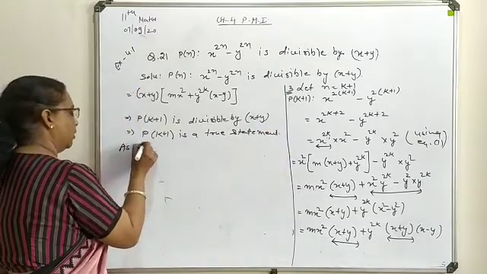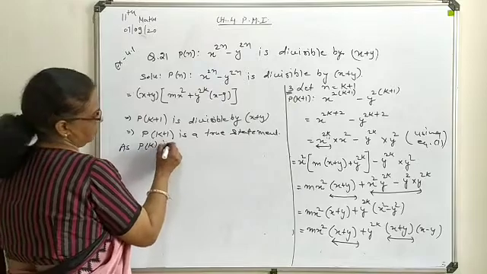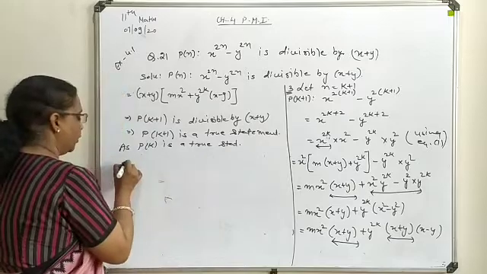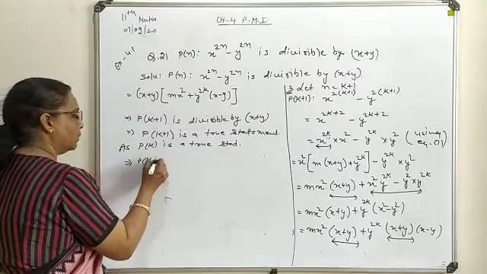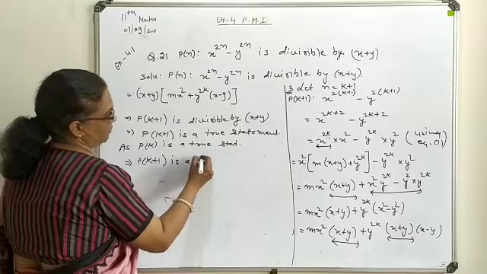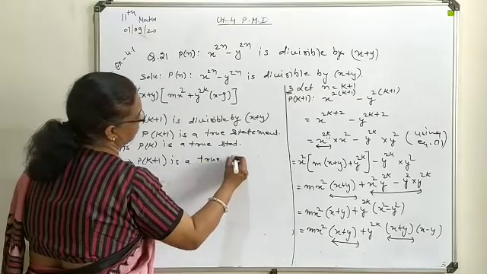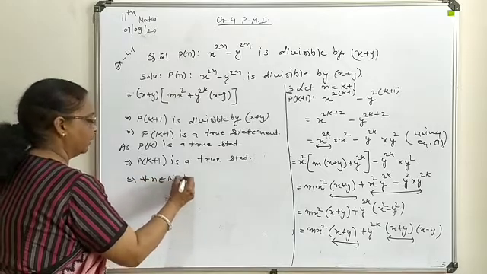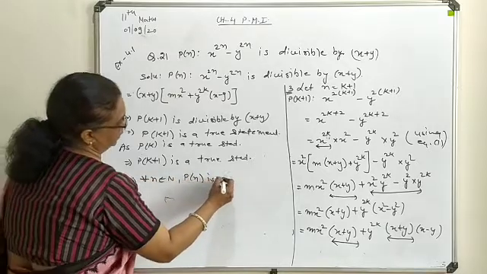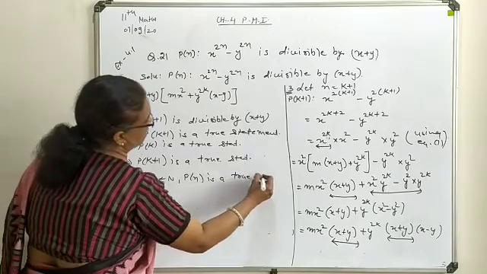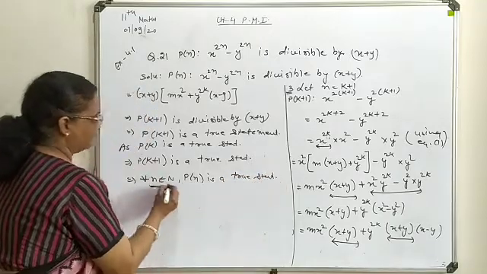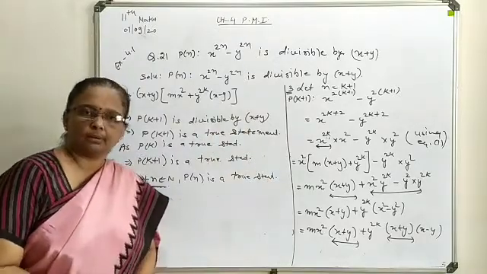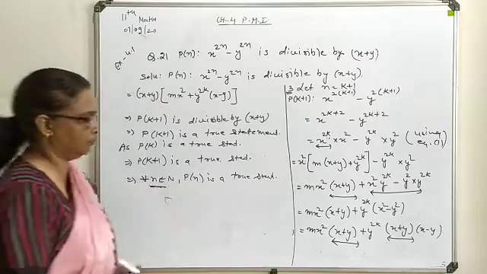So as your Pk was a true statement, you have proved that Pk plus 1 is a true statement. Therefore, for all values of n, your Pn is a true statement, hence proved. So this way, because of this combination of algebra, this question is a very important one.